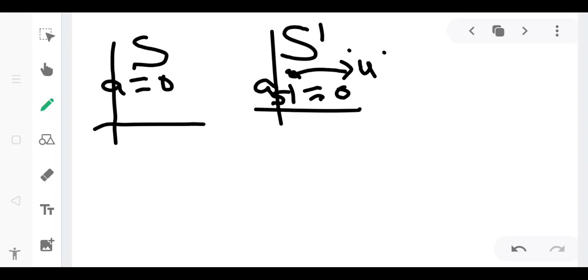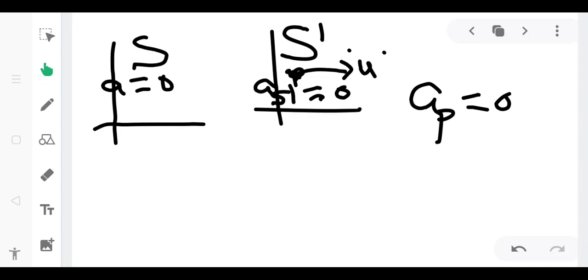Then the acceleration of the particle, that is AP, if you consider a particle P here, AP is also zero if and only if the net force acting on the particle is zero. So all these, A equal to 0, A dash equal to 0. From this relation we got the acceleration of the particle with respect to the frame of reference S is 0.